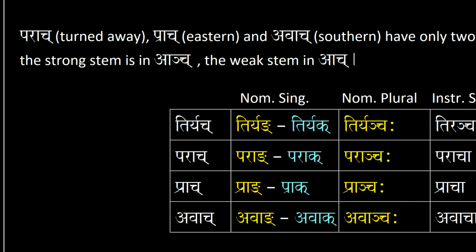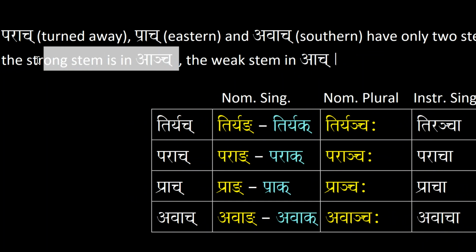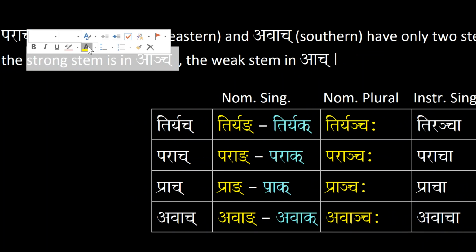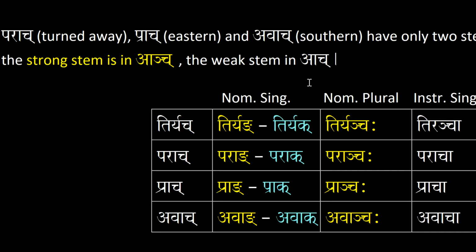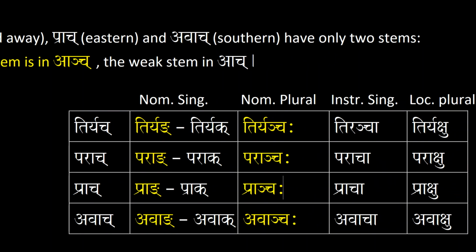And these directions only have two stems. The strong stem is in anch, and then the weak stem is in ach. So we don't have a middle stem here. I actually had to change the colors of that because there's no middle stem.